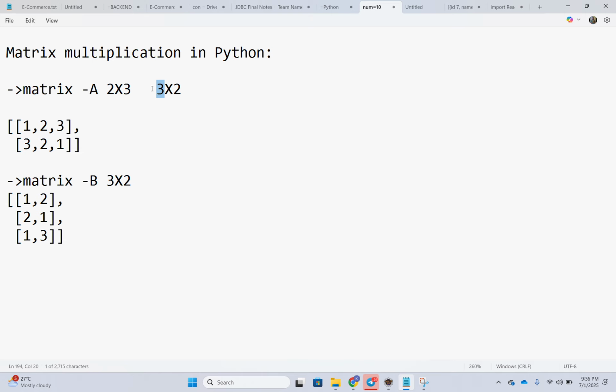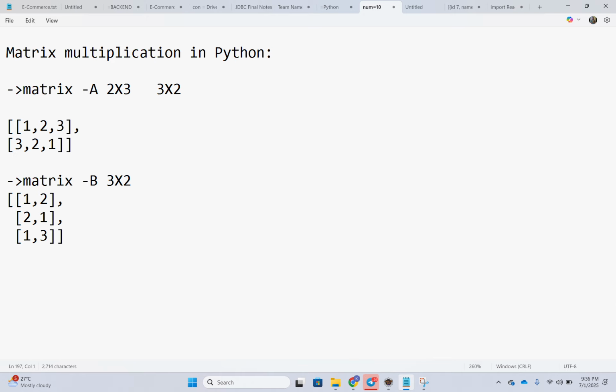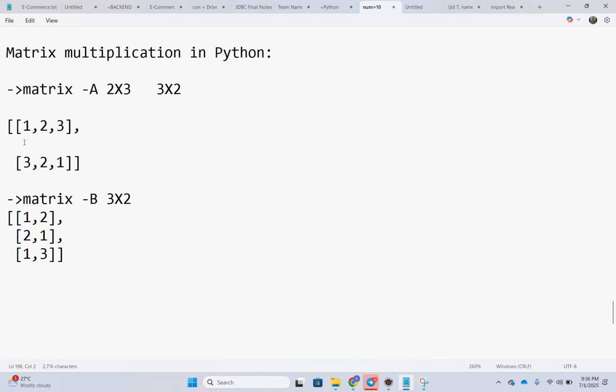If you are familiar with mathematics, this row will be multiplied with this column.